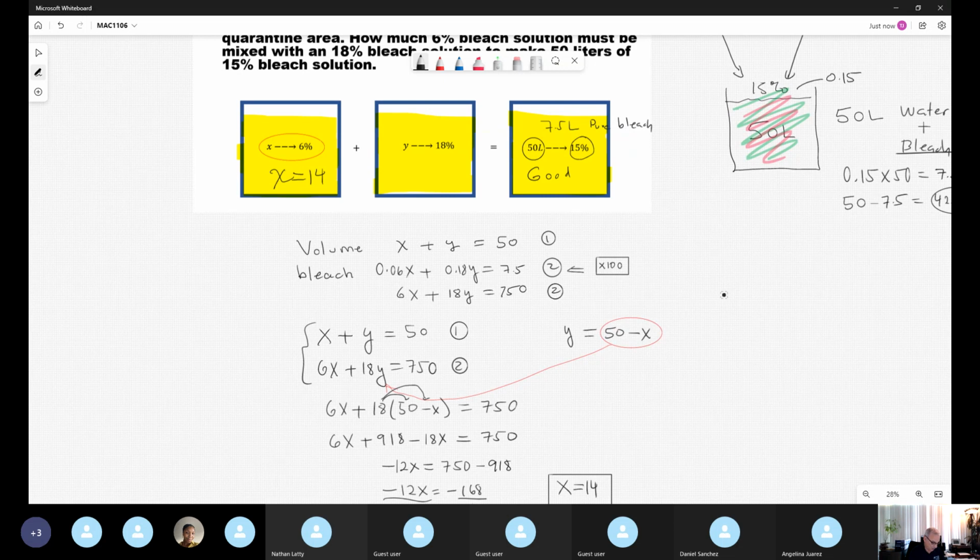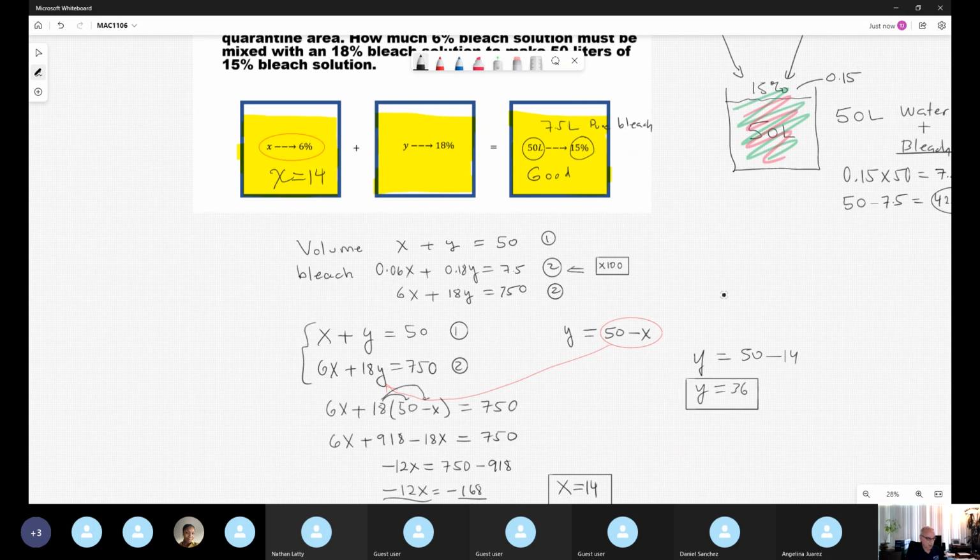However, in order to find the other, 50 minus 14 is 36. y is equal to 50 minus 14, y is equal to 36.